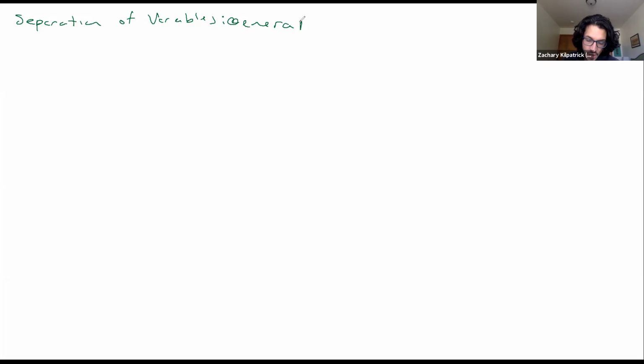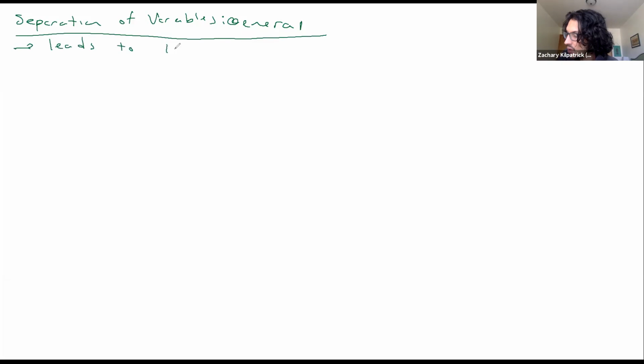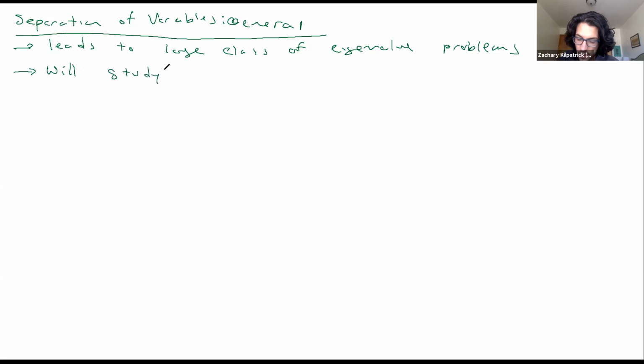Okay? And so separation of variables in general, as we say, leads to a large class of eigenvalue problems, okay? And so we'd like to gain some intuition on them. So we will study what's called their L2 theory.